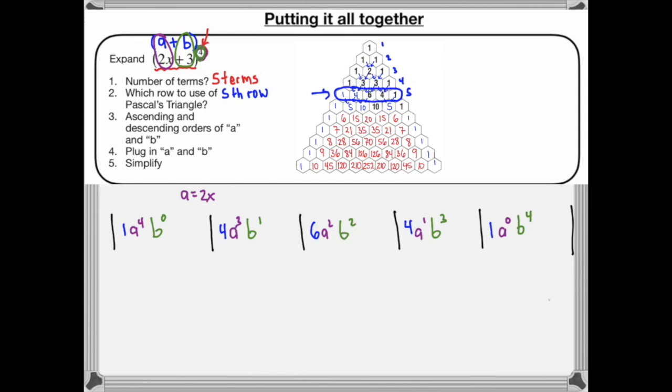Since it's positive, we don't need to keep it as a plus 3. We could just say 3. However, if this right here were a negative, we'd have to put a negative 3 down there.